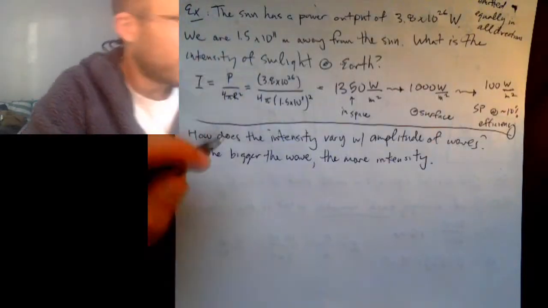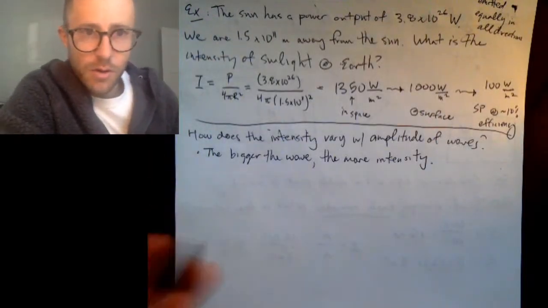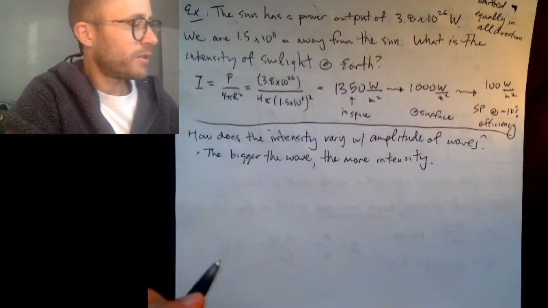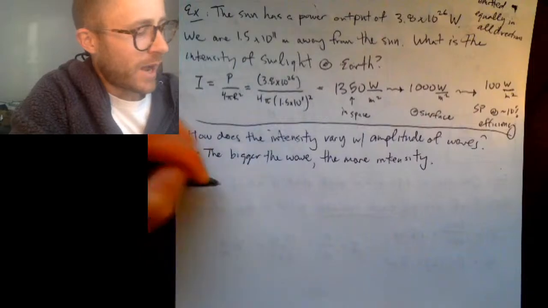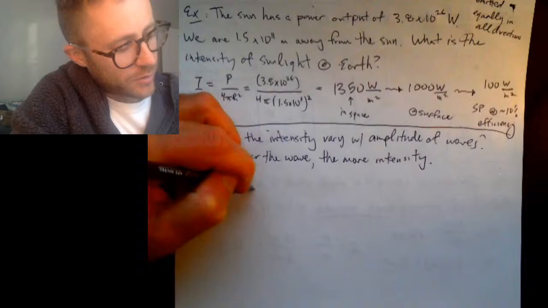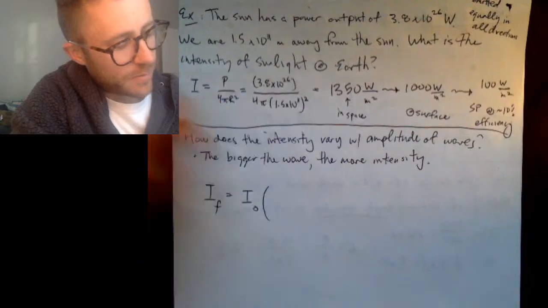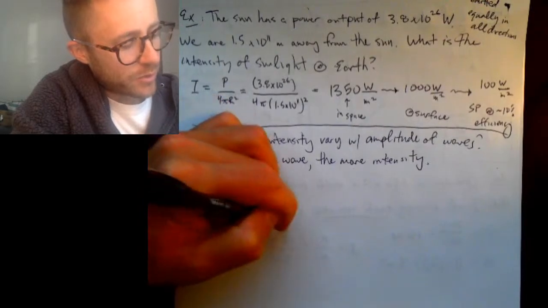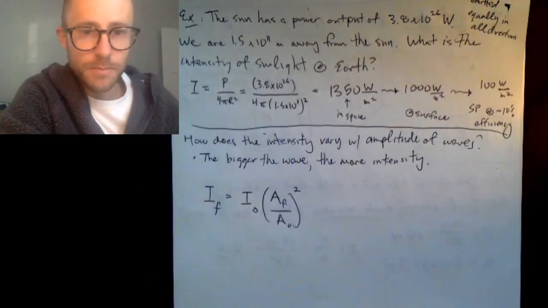So if you have a larger amplitude for the waves, that means more intensity. So in fact, there's a nice little formula here. So the final intensity is equal to the initial intensity times the final amplitude divided by the initial amplitude squared.